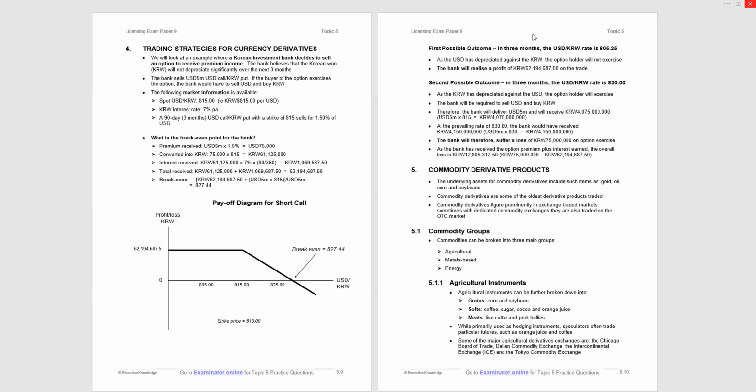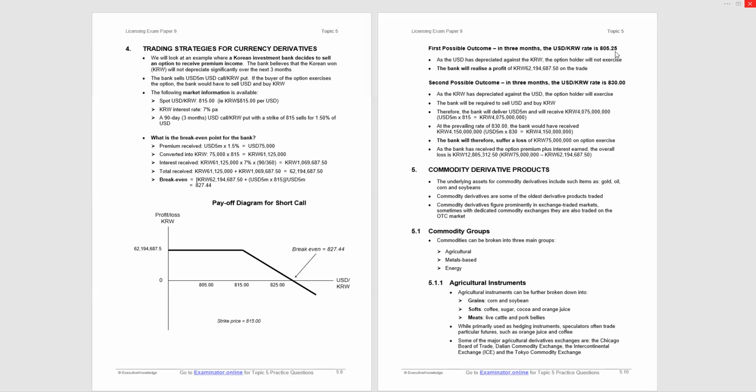And if indeed the won weakens up to 825, then the buyer of the put will exercise, and the point at which the bank will break even is when the rate is at 827.44.